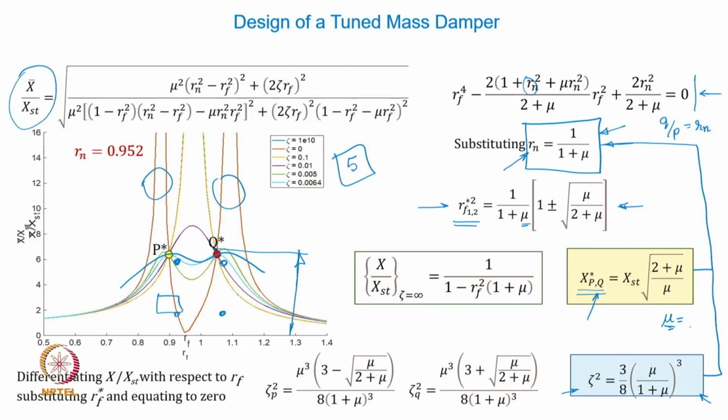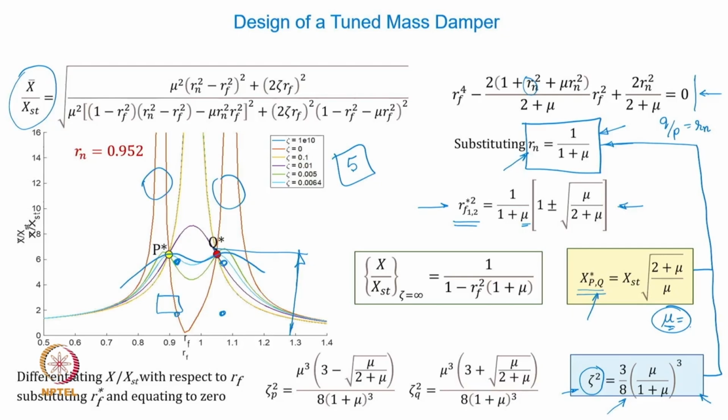And we know that it is not sufficient to do it that way, but to also ensure an appropriate damping ratio so that the graph passes through P and Q with zero slope. Because we have already decided on the value of mu, it is a simple, straightforward substitution of mu into the expression of damping ratio to get an appropriate value of optimized damping.